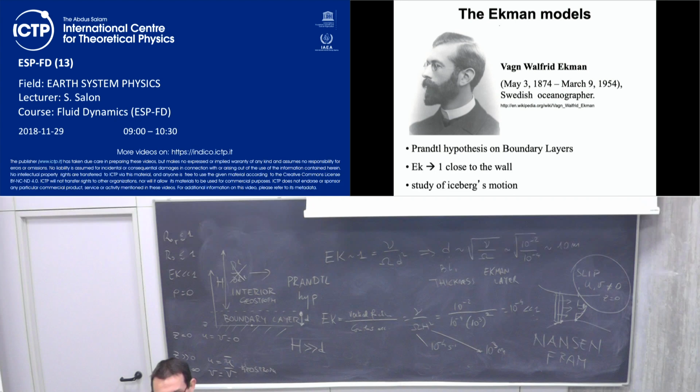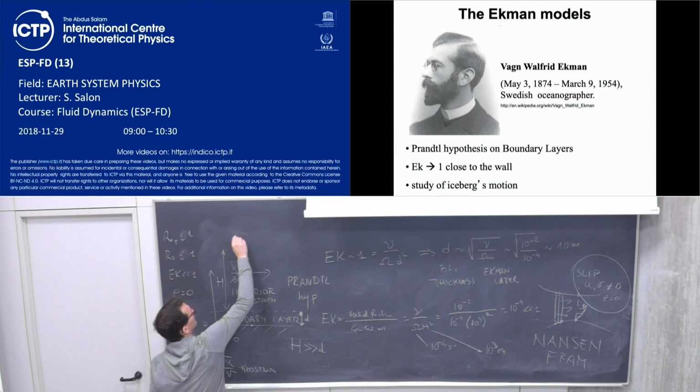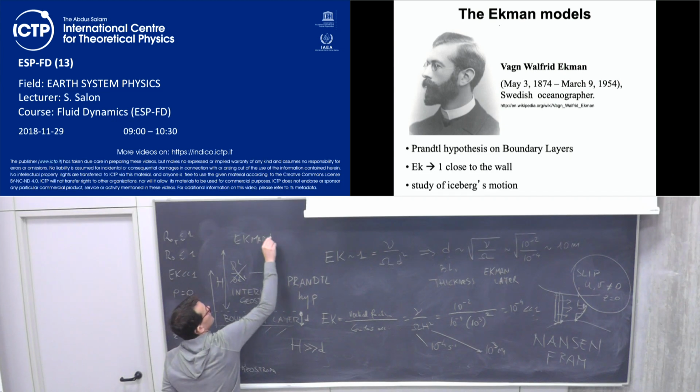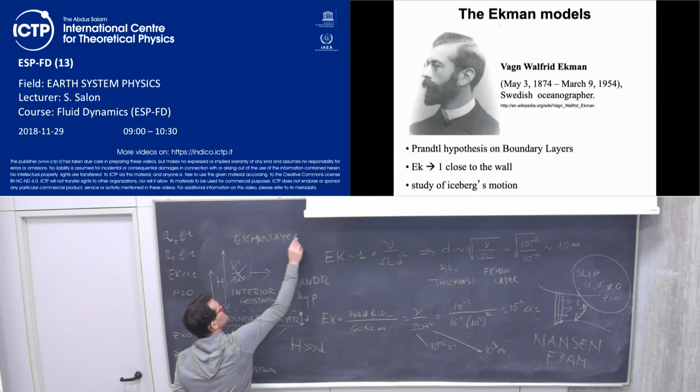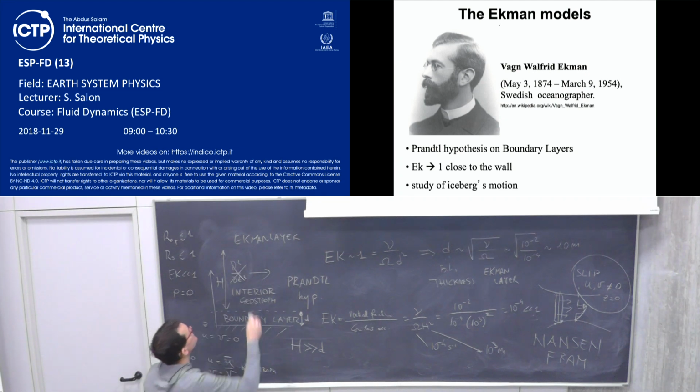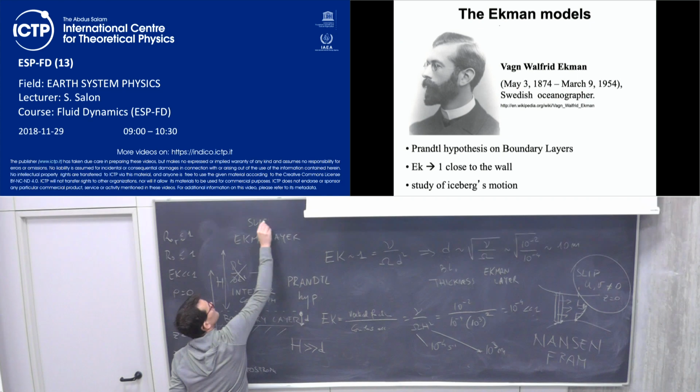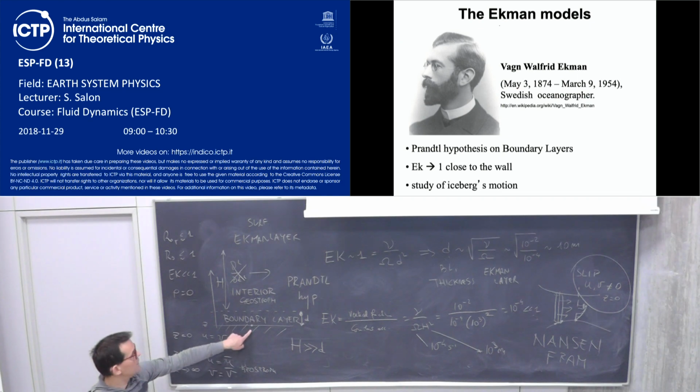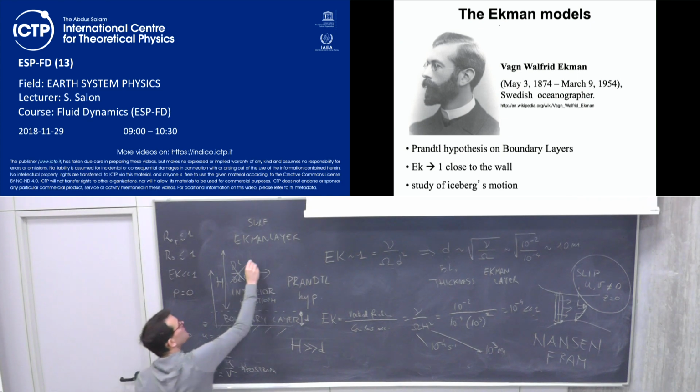So he asked Ekman to write his PhD thesis on this problem. And Ekman created the thesis with the theory which actually bears his name, the theory of the Ekman layer. In particular, his thesis was on the surface Ekman layer, while the first example that we are looking at now is the bottom Ekman layer, which is practically the same.